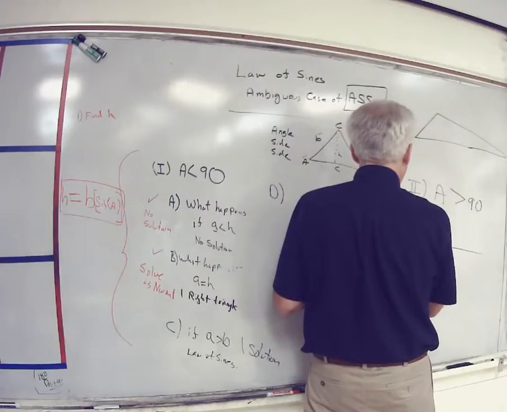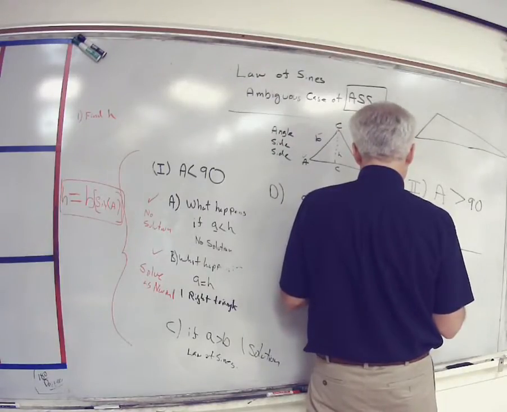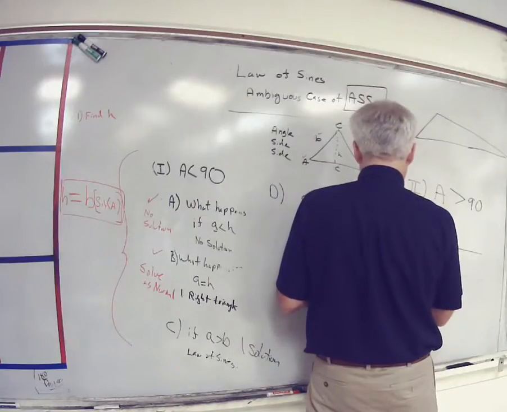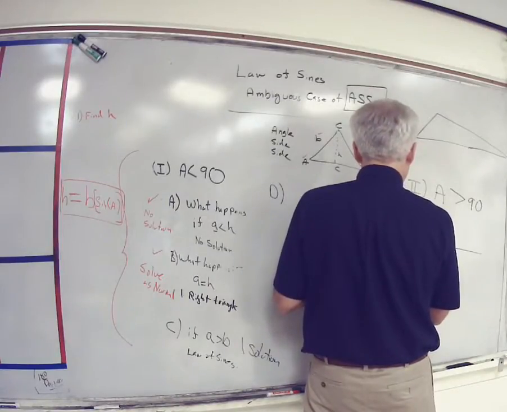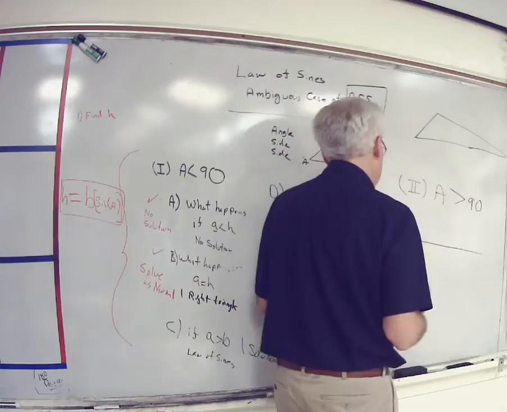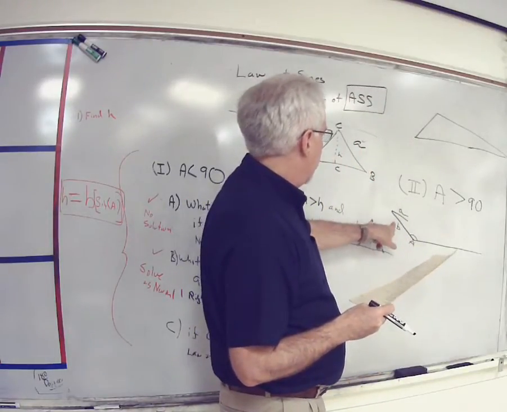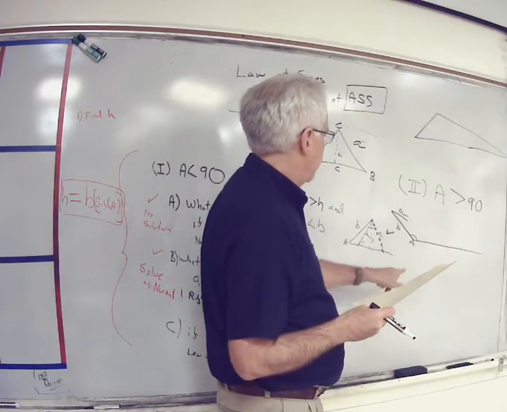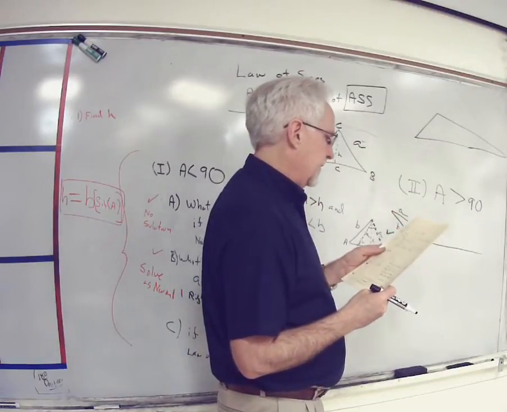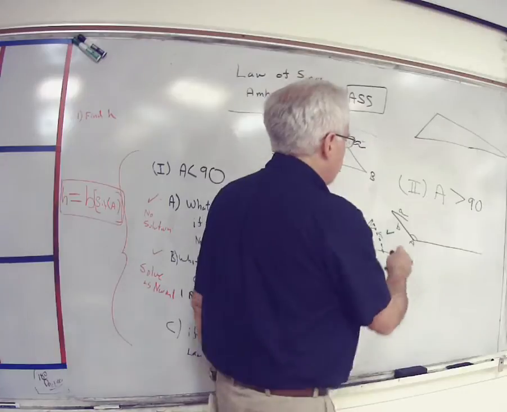This would be little a, and this would be, let's call this B. So again, this is angle, side, side. Angle, side, side that you're given. Do you see this?